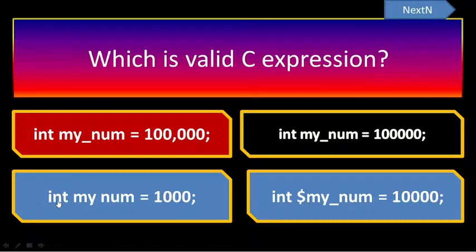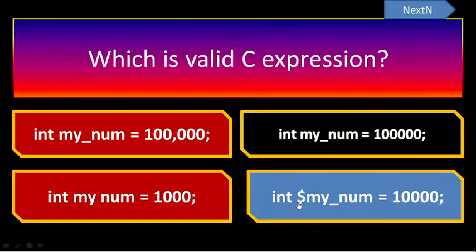And the next one is int my num = 1000. This is also invalid, because int my space num is an invalid declaration. Space is also not allowed at the time of declaring the variable in C language.